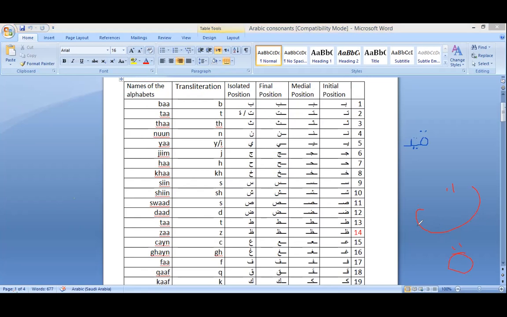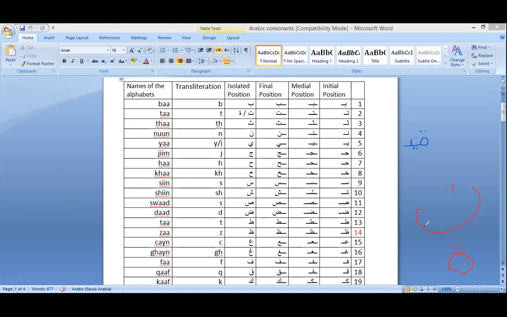Yes, sir. What is the name of this ta? Yes, Adim. Yes. What is the name of this ta? It's ta. Ta, yes, but we gave it a name. And this one here? This one is ta marbuta or something.